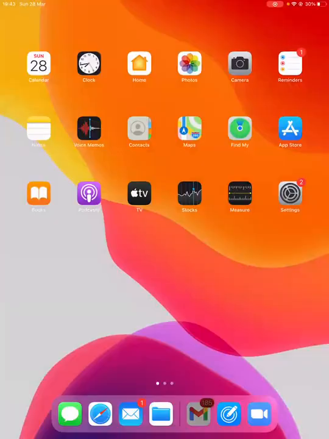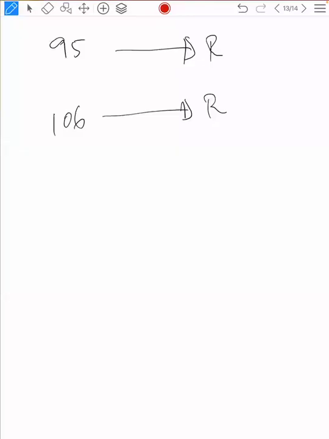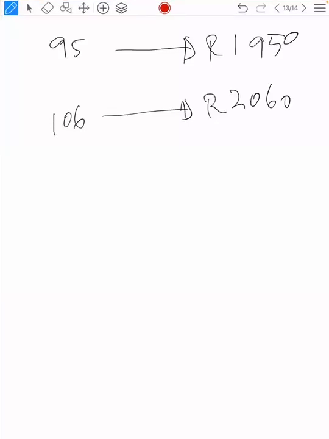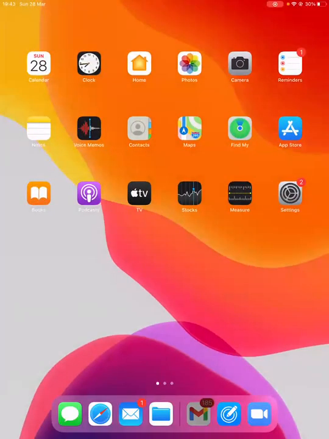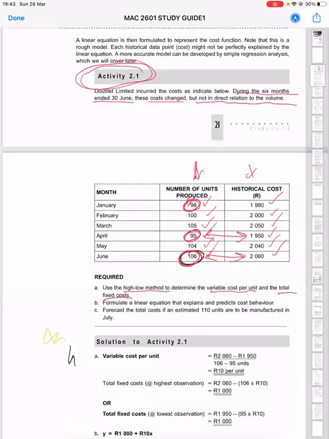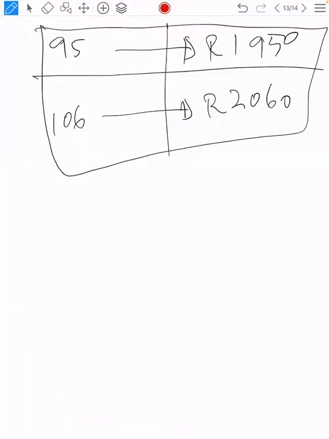For 95, it's 1950, and for this one, it is 2060. We are interested in these. That's why it's called the high-low method. We have identified our highest and lowest level of output. The rest, we are not interested in. Are we together, good people?